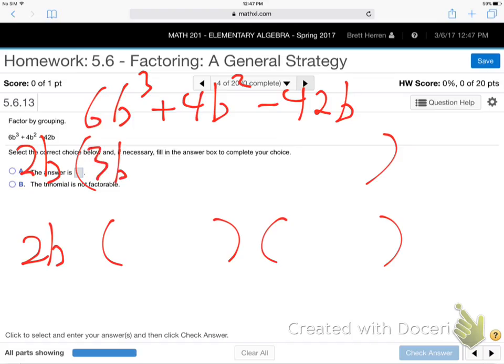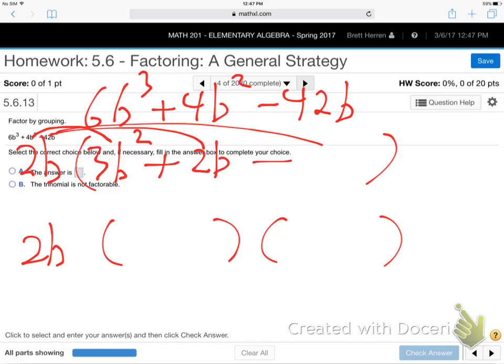So 3b squared, right? Because 2 times 3 is 6. Plus 2b, because 2 times 2 is 4. Minus 21.